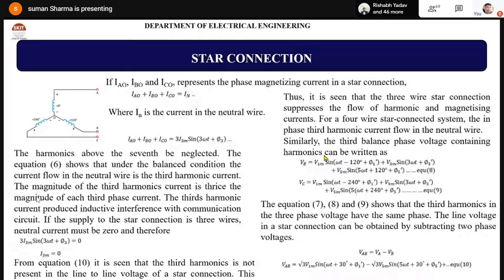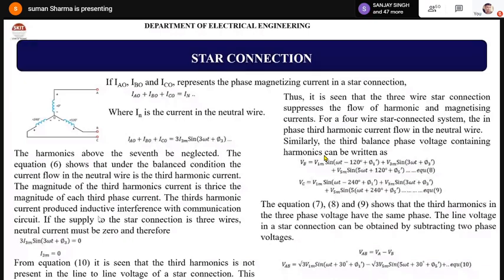The magnitude of third harmonic current is 3 times the magnitude of each phase's third harmonic current. The third harmonic current produces inductive interference with the communication circuit. So if the supply to the star connection is 3 wire, neutral current must be 0 to avoid this inductive interference with the communication circuit.